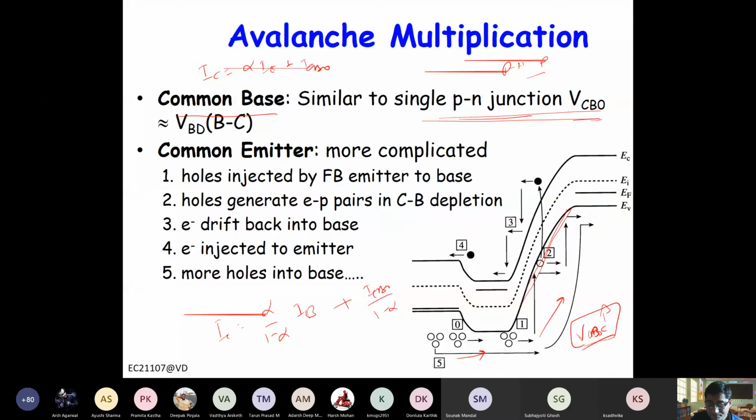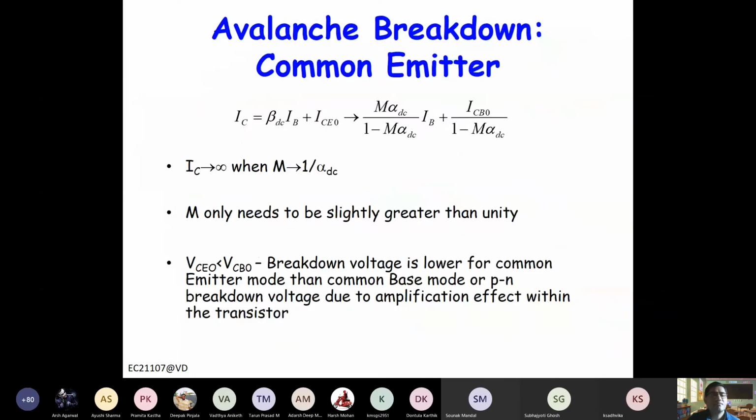So this multiplication factor will be combined with alpha, right? And then the modified expression will be something like this: M alpha by 1 minus M alpha, right? Now what is the requirement on M here? If you want to have a large current, your M alpha should approach 1, right?